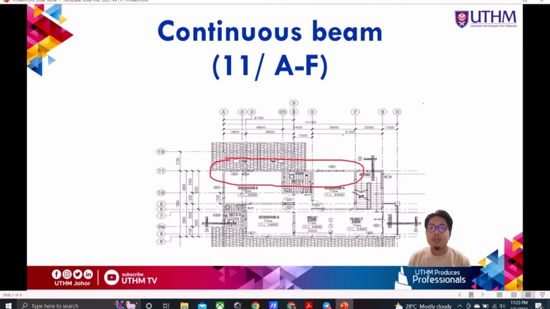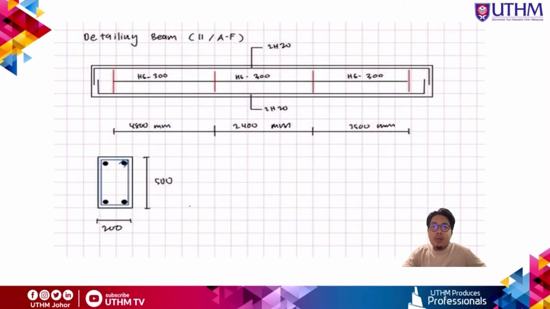Next I will talk about my continuous beam. My continuous beam is located at the 11 A to F grid line. This is the detail for my beam. The lengths of the beam are 4,800, 2,400 and 3,500.